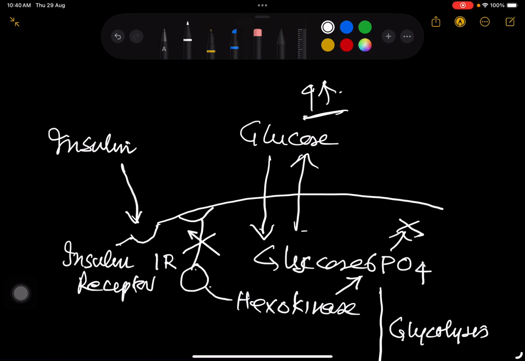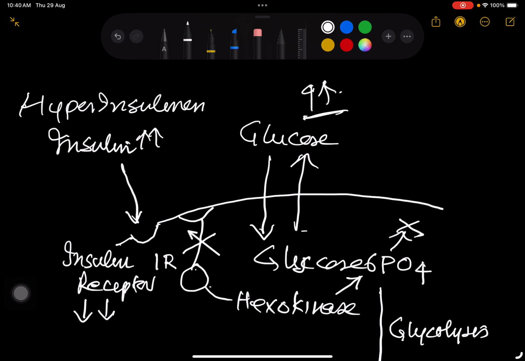So now the insulin receptors at the cell surface decrease in number, and you need higher amounts of insulin to produce the same results. This is called hyperinsulinemia or insulin resistance.